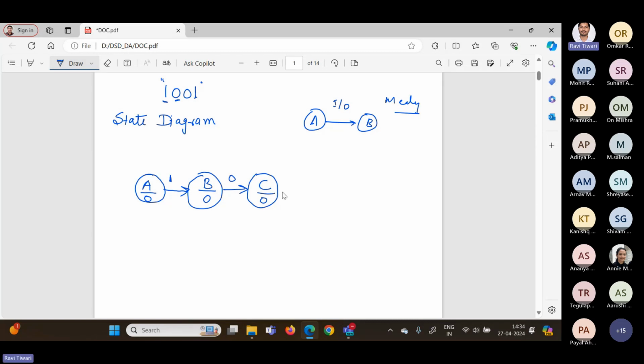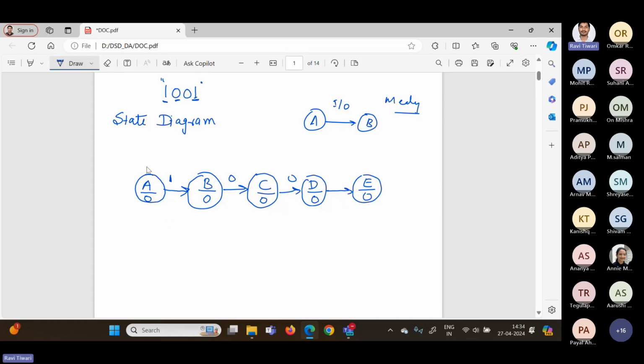After that, if I receive another bit correct, that is 0, I will move to another state, that is D, and output is 0. And when I receive the last bit correct, that is 1, my output will be 1, that is E by 1. So this is all about the correct bit pattern.